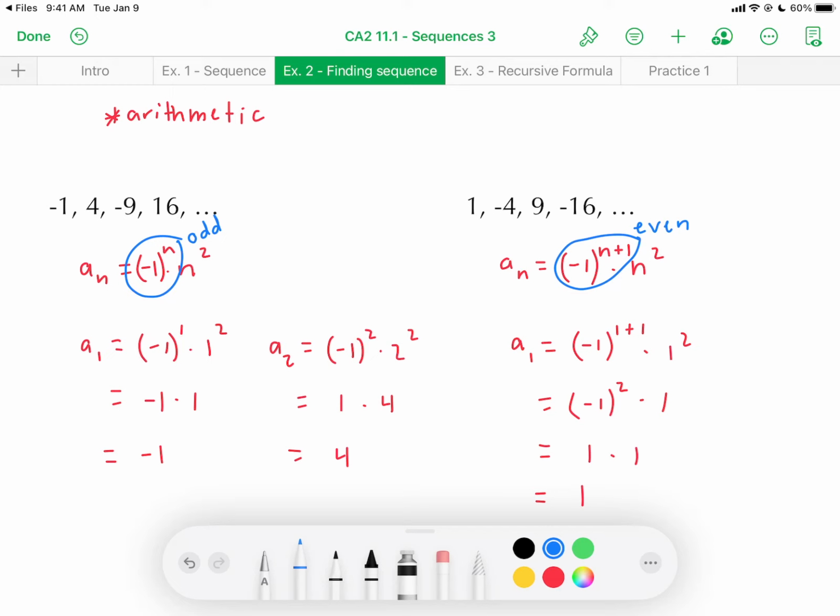Okay? Now, there are other ways of doing this. Instead of doing n plus 1, I could have done n plus 3 or n plus 5 or n plus 7. It really doesn't matter as long as I'm getting -1 to be raised to an even power rather than odd power.